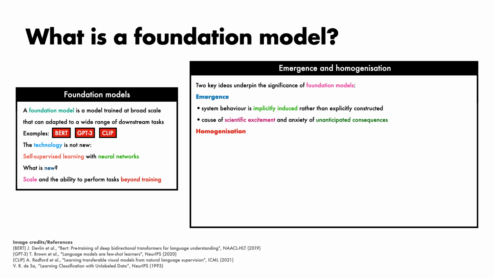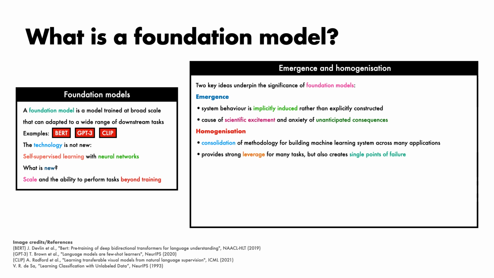The second idea is homogenization. Homogenization refers to the consolidation of methodology for building machine learning systems across many applications. Homogenization provides strong leverage for many tasks, but also creates single points of failure.